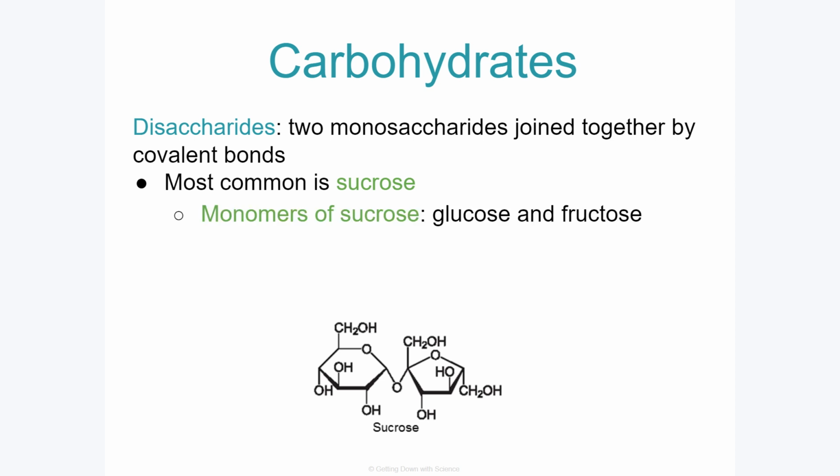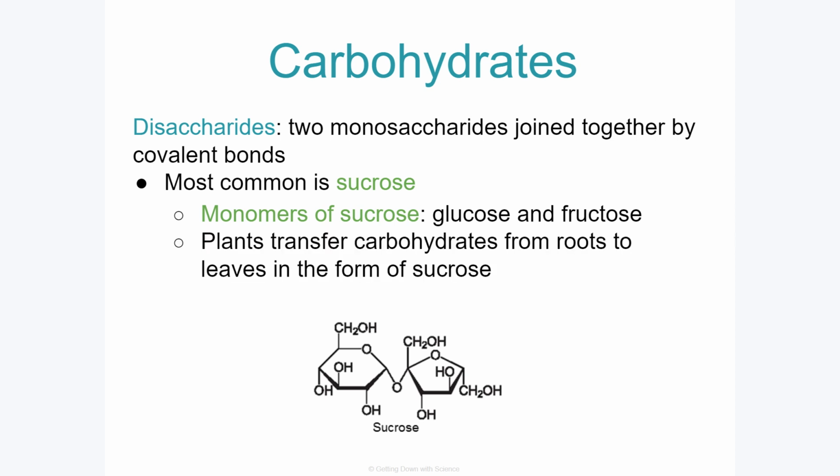The monomers of sucrose are going to be a glucose and a fructose. Those come together and join to form that sucrose molecule. Plants also transfer carbohydrates from their roots to their leaves in the form of sucrose.